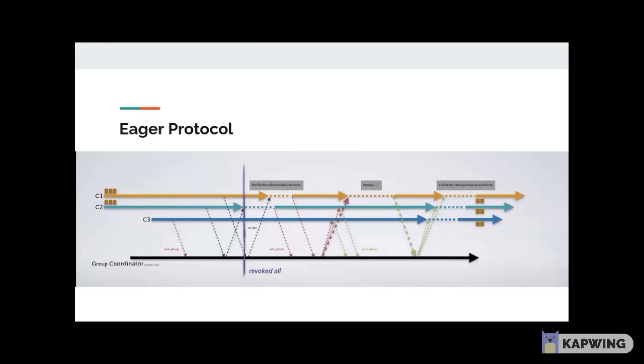And to assign those partitions to these consumers in a consumer group, one of the consumers will take that responsibility by becoming the group owner. So these two concepts are very important, group owner and group coordinator, right?